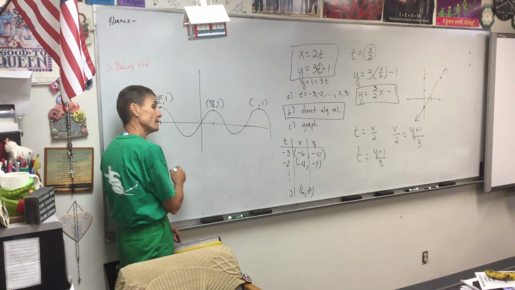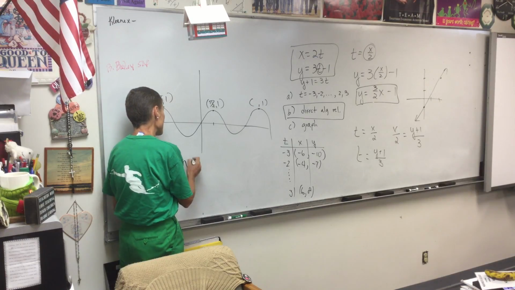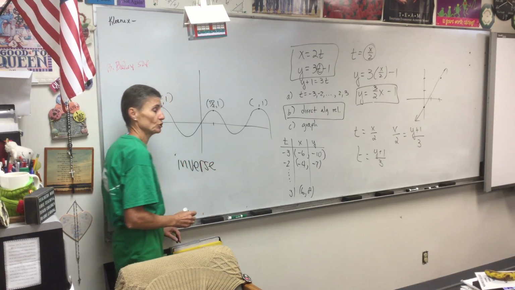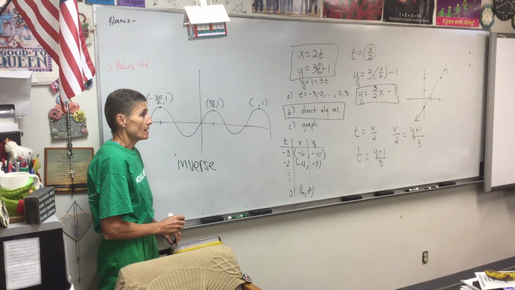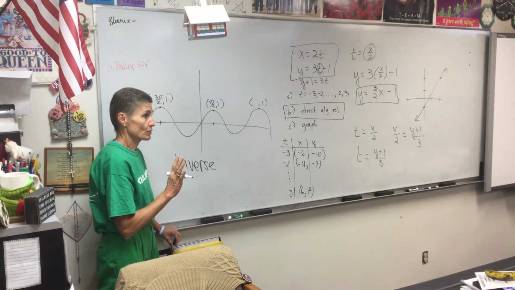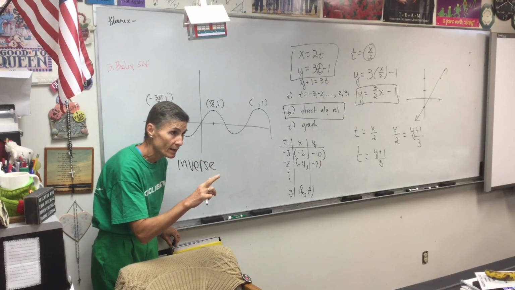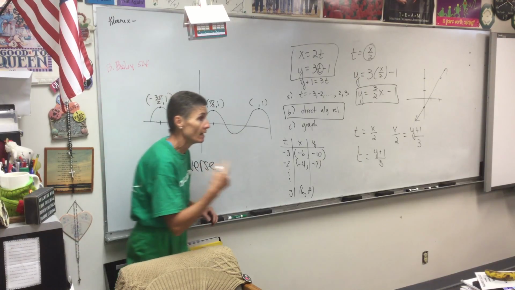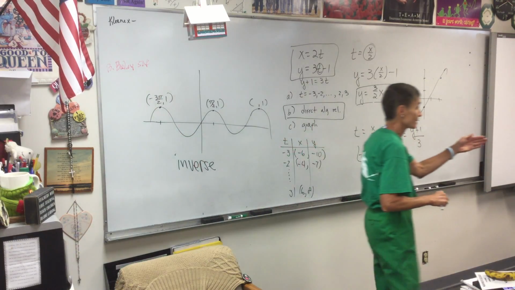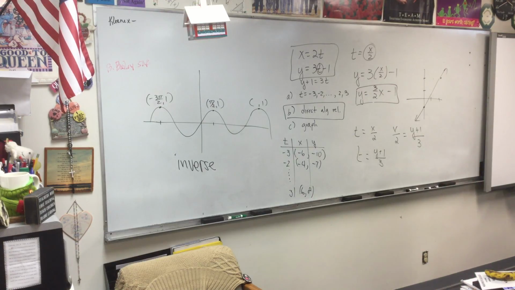However, we're going to start talking about the inverse of the function. The inverse of the function reverses the ordered pairs. It undoes. So what was x turning into y becomes y turning into x.